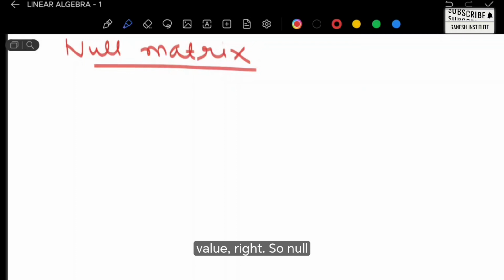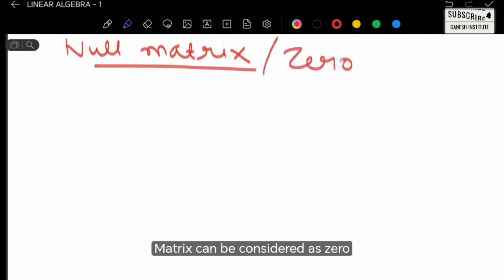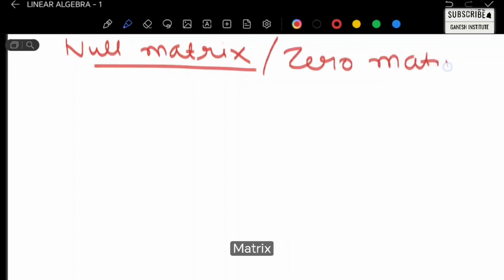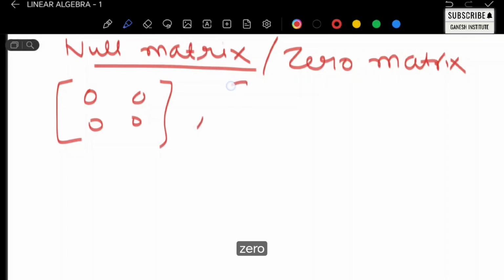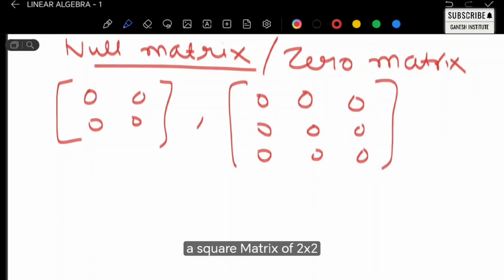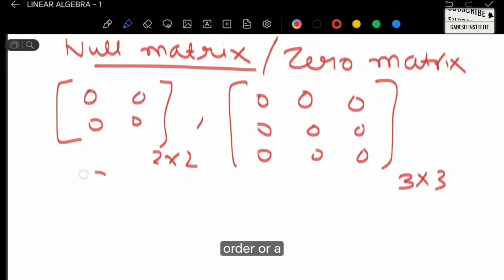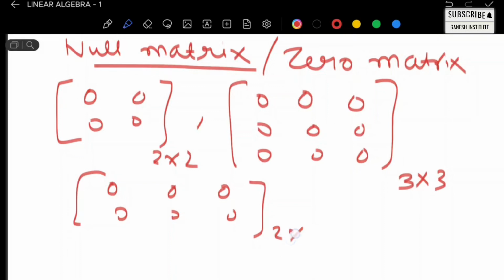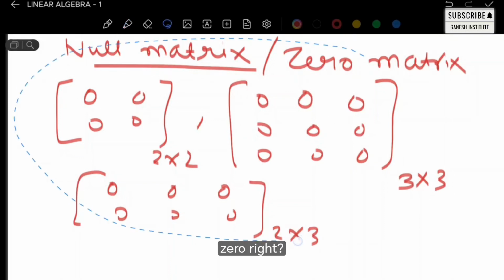So null matrix can be considered as 0 matrix in which we have all the elements as 0, be it a square matrix of 2 by 2 order or 3 by 3 order or a rectangular matrix. All the elements have to be 0, right?